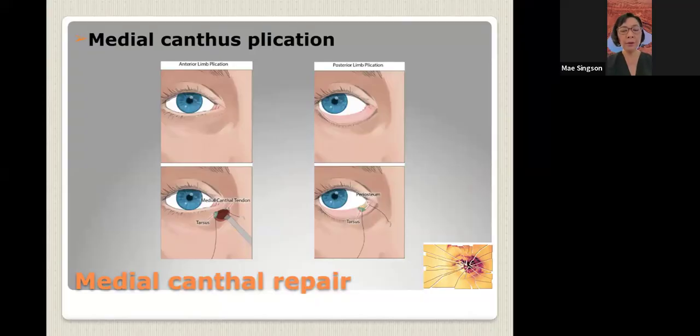Using your tarsus, suturing it to the tarsus, you can suture the anterior aspect of the tarsus anteriorly to the tubercle of your medial canthus in front of the lacrimal sac, and consequently the same thing can be done posteriorly, transconjunctivally, using the same tarsus and inserting it behind the lacrimal sac. So that is your medial canthus plication.